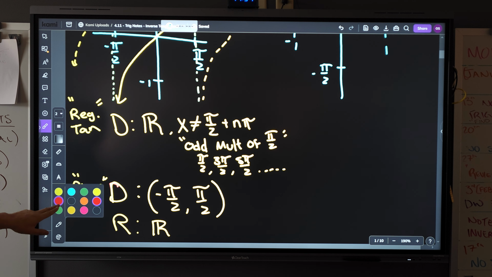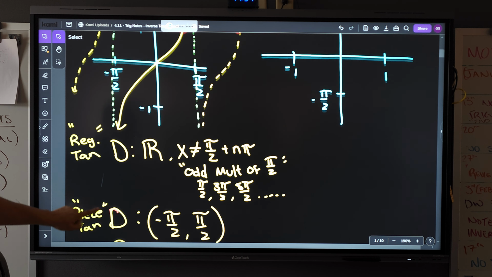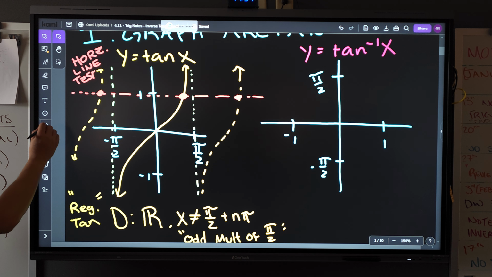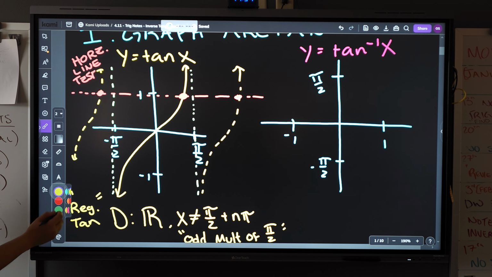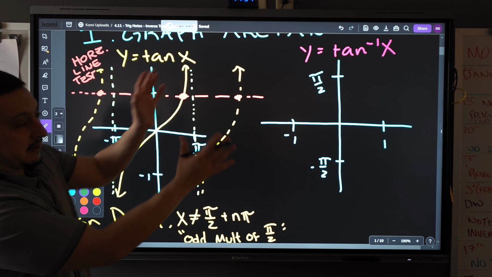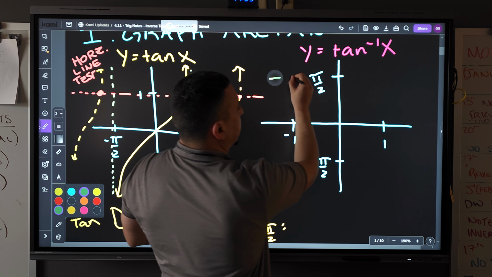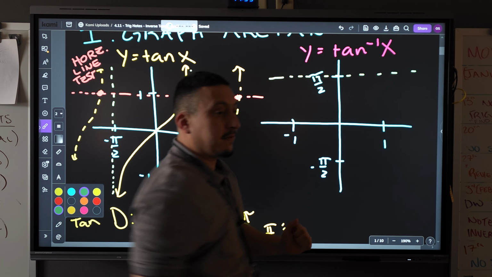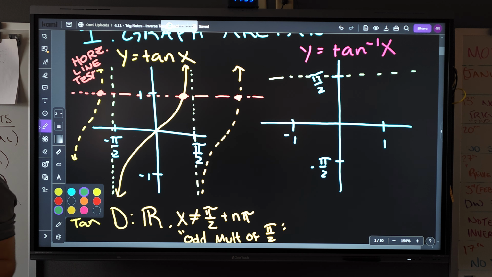So now I'm going to do the inverse. If you do the inverse, I'm not going to reflect it like we did the other day, but if you inverse it, if you flip it, now we don't have vertical asymptotes. We have horizontal asymptotes because they're opposite.